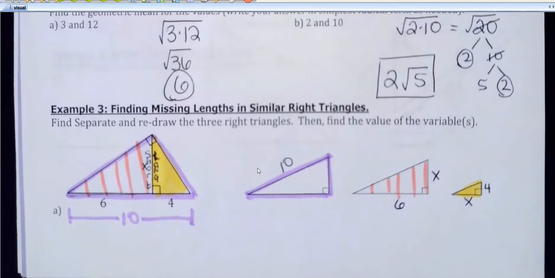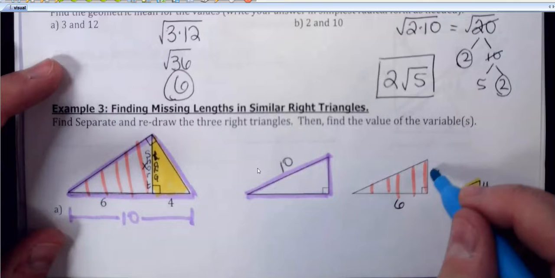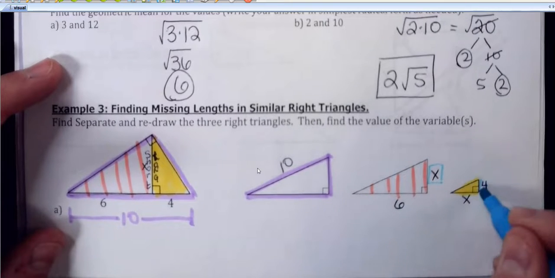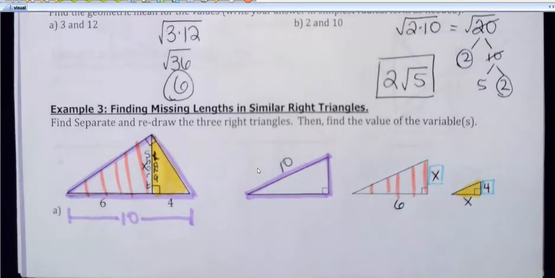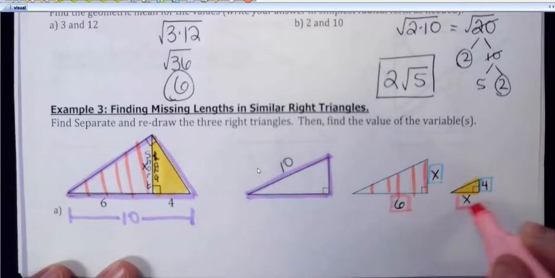Now, all three of these triangles are similar. I just need two of them to set up a proportion. Obviously, we don't want to use the big triangle here because I don't have enough information to help me out. But I do have corresponding sides in the medium and the baby triangle, and corresponding sides have to be in proportion. So the x and the 4 correspond to each other, and the 6 and the x correspond to each other.